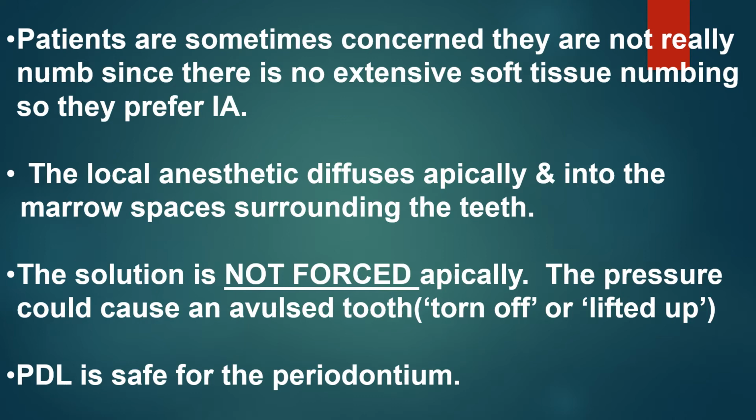But you still don't force it, because if you did, it could cause an avulsed tooth. Avulsed can mean a torn off tooth, but it doesn't really tear your tooth off. If you inject faster and force it down apically, it doesn't have time to diffuse out, so it can lift the mandibular tooth up out of its occlusion a couple of millimeters.